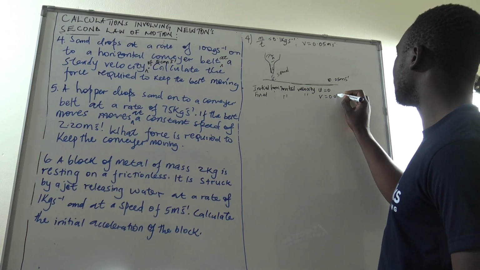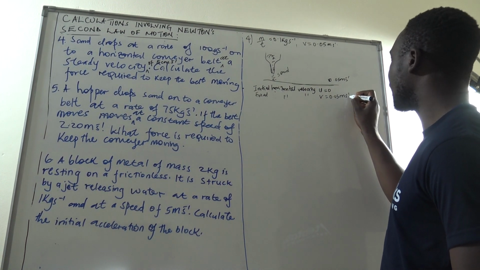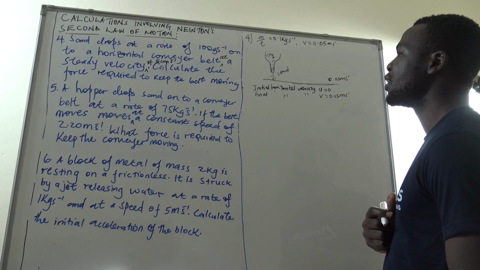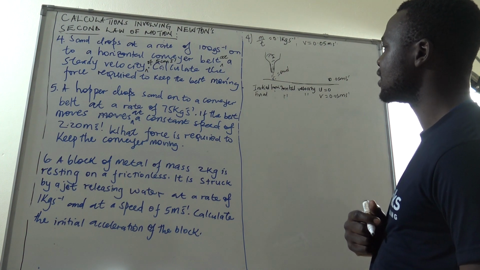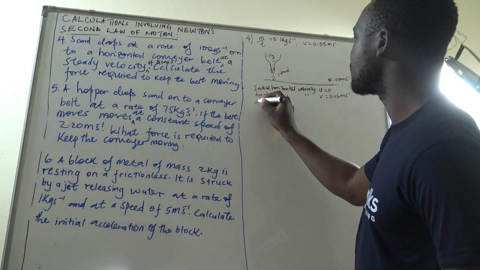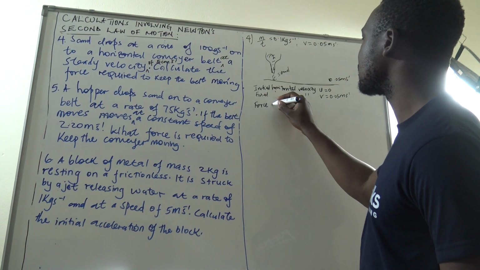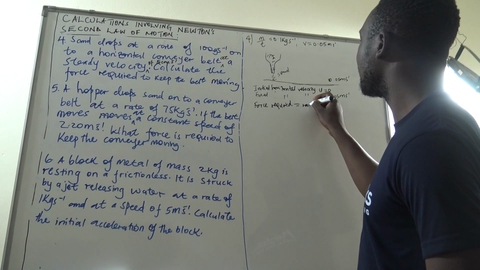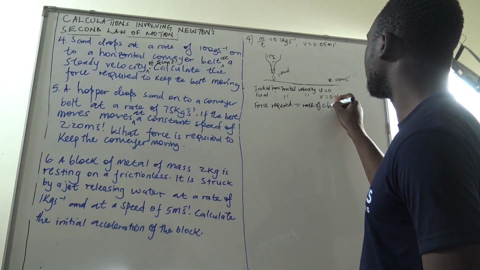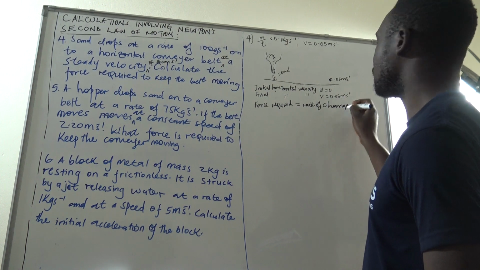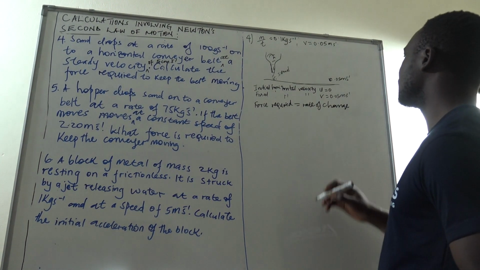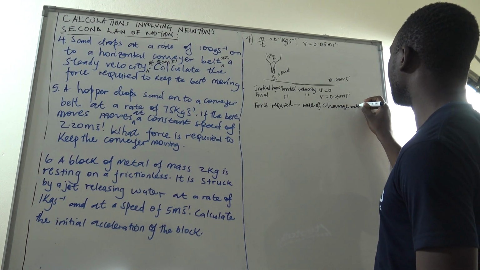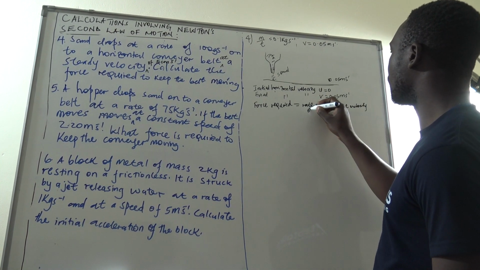So this is 0.05 meters per second. Now this question said calculate the force required to keep the belt moving. This force required should be equal to the rate of change of velocity of the sand.